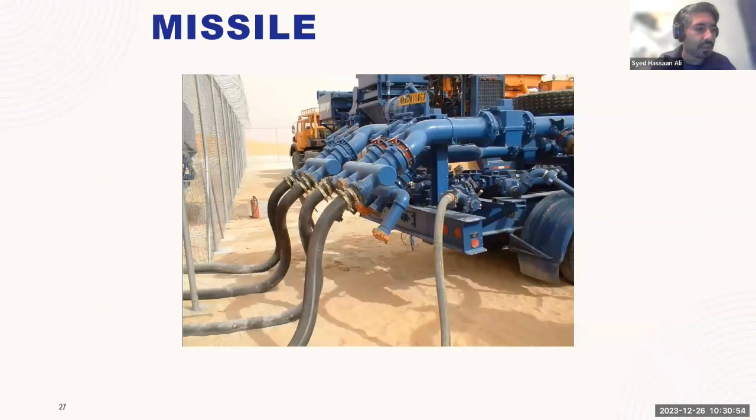This is an example where you can see the flexible hoses over here. This is the fluid end of the frac truck. From here, the flexible hose is connected to the frac missile.